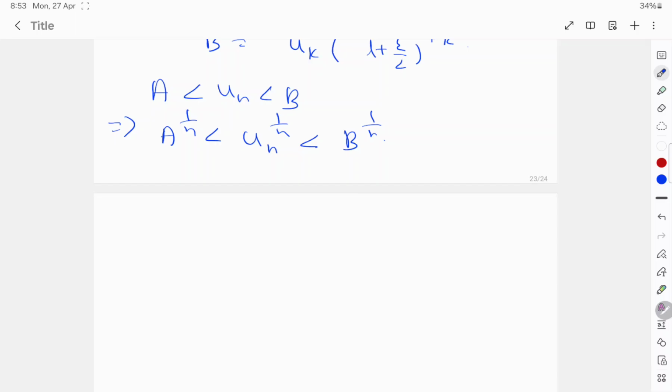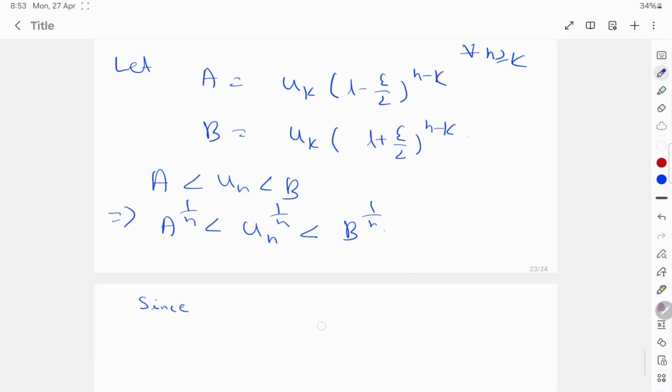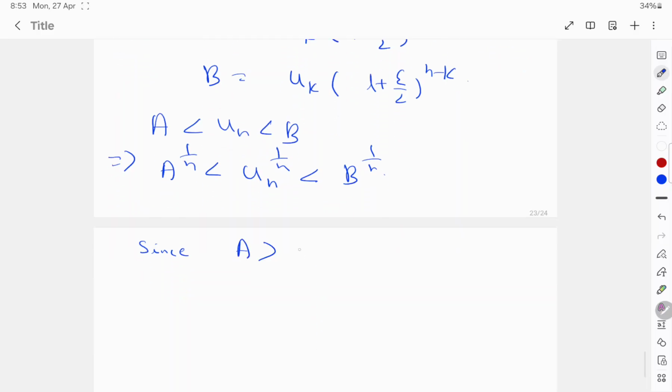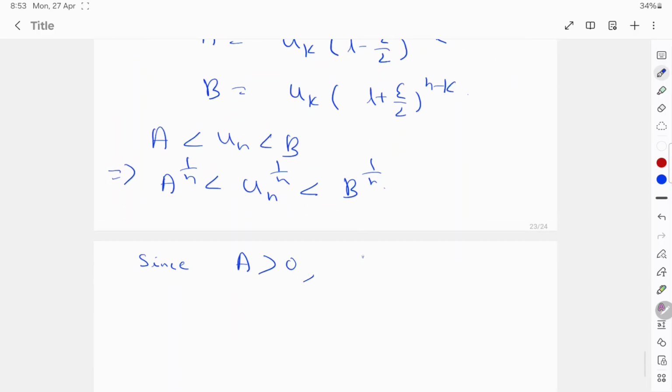Okay, so now, since you see your a term is greater than 0, then limit a to the power 1 by n is always 1.